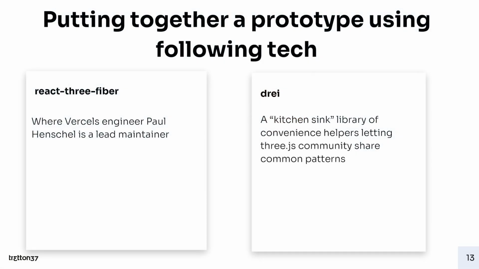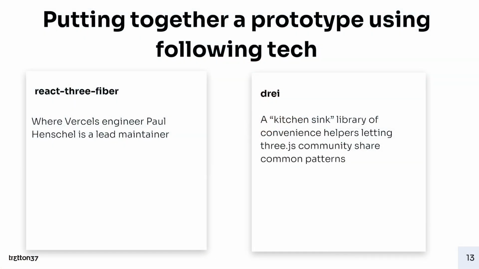We wanted to put together a prototype using the following tech. Of course, React Three Fiber, otherwise it wouldn't be here in this example. And we actually have an engineer, Paul Henschel, who is a lead maintainer for React Three Fiber. And of course, there is a library called Drei.